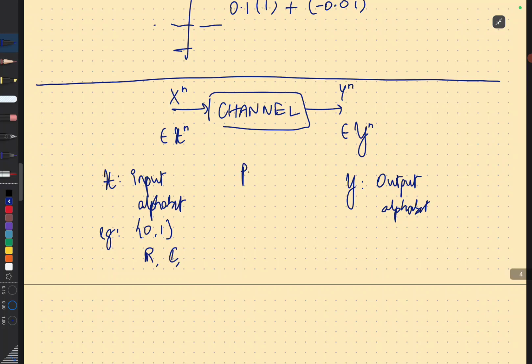And it's described by some conditional distribution P(y^n given x^n). So the channel takes an input, some sequence x^n, and outputs a random sequence y^n according to the distribution P(y^n given x^n). So henceforth, when I say channel, it means this black box which takes a sequence x^n and outputs a random sequence y^n. And for now, we will assume that this P(y^n given x^n) is known to us.